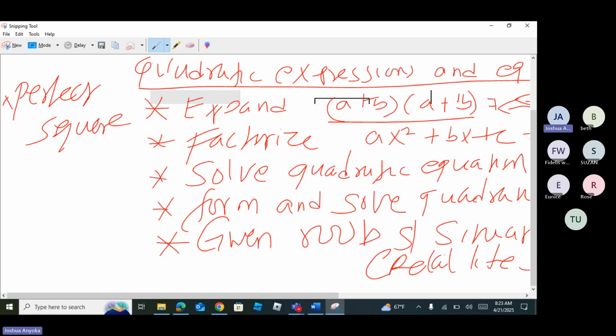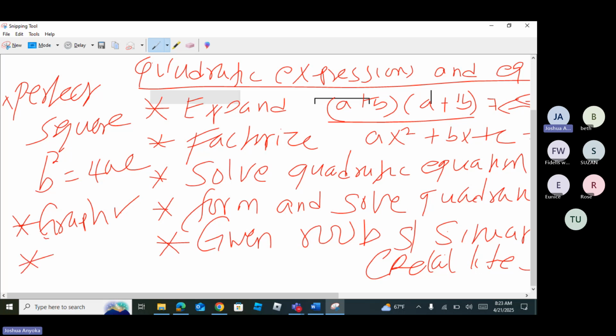And on a perfect square, we always know that b squared is equal to 4ac. Then we are going to know the quadratic graph. That is, in form 3, we have quadratic graph that we are going just to highlight.